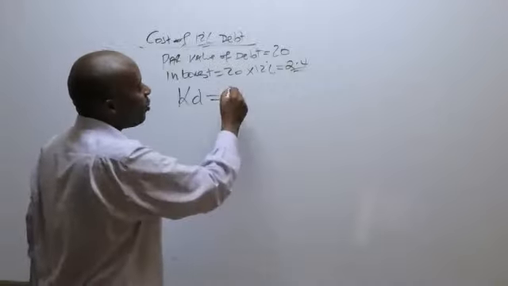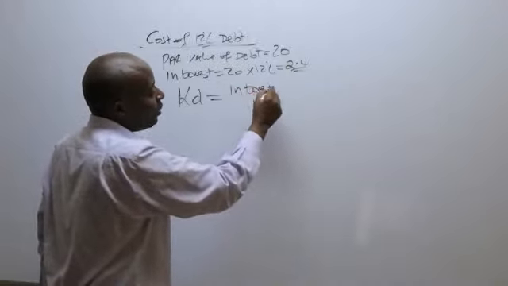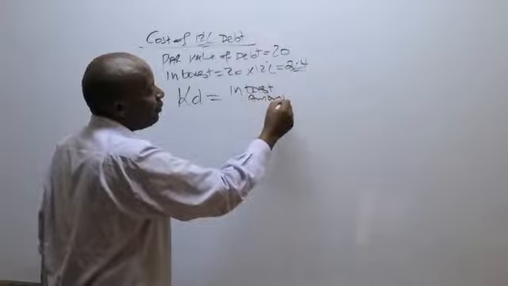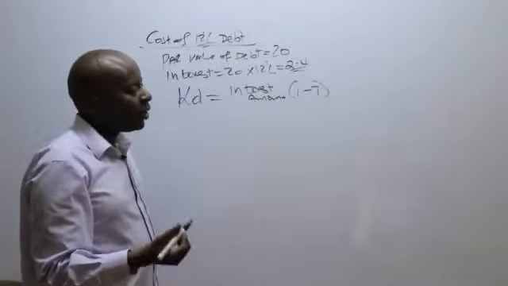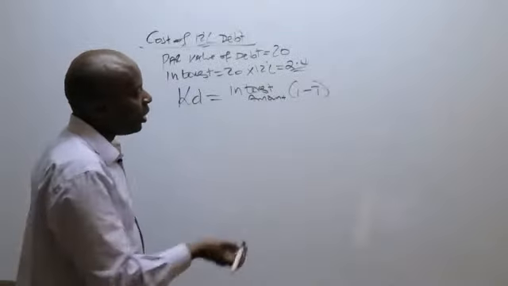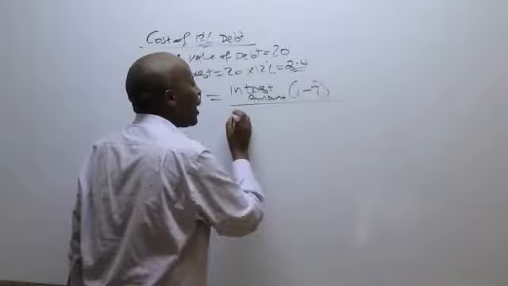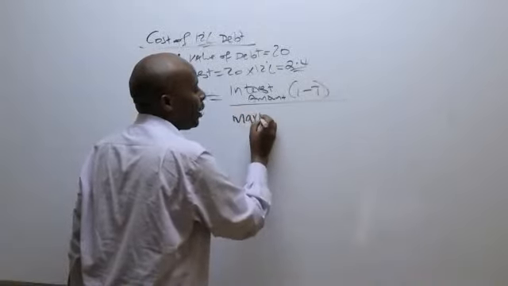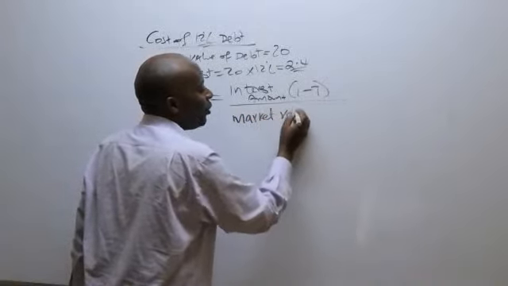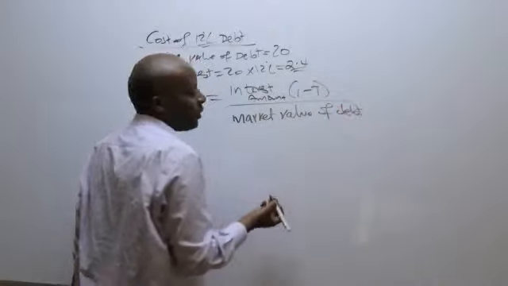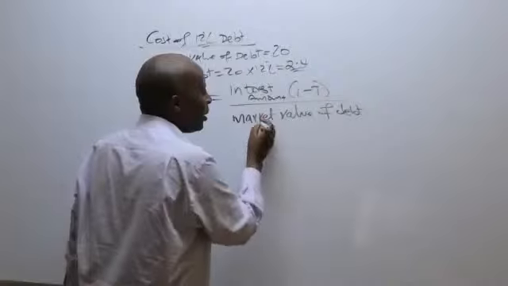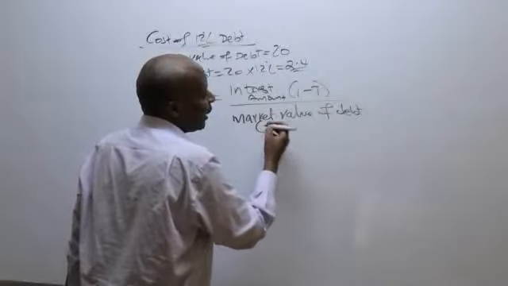KD should be equal to the interest amount that I have into 1 minus tax, because remember, interest, unlike dividends, is normally tax allowable, all over the market value of the debt instrument. Again, remember that this market value must be like the x-div.